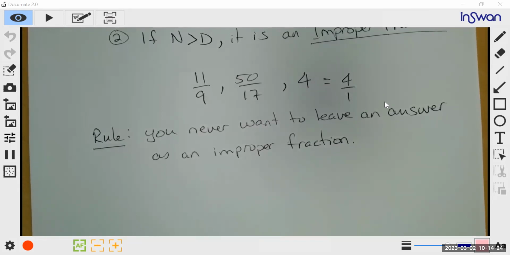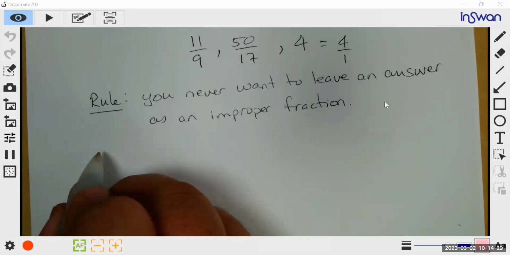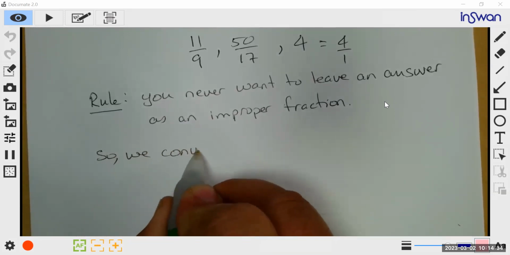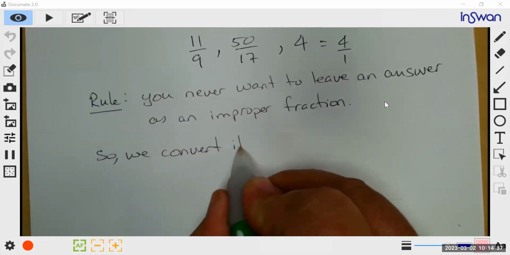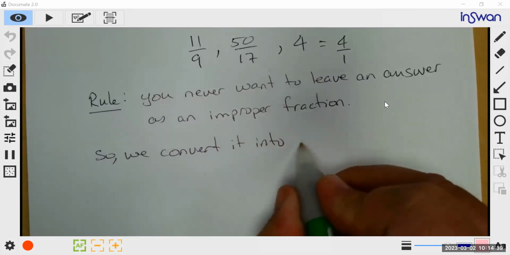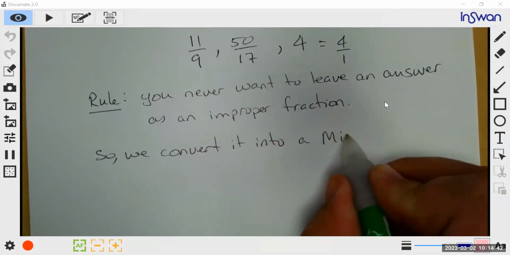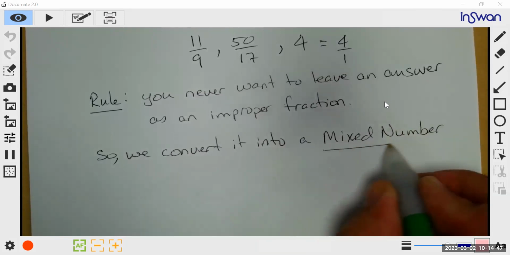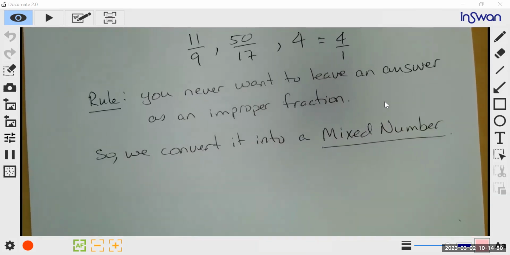You never want to leave your answer as an improper fraction. So we convert it into a mixed number.